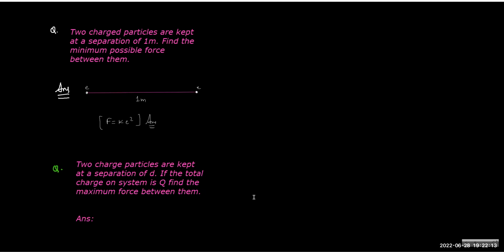If the total charge on the system is capital Q, find the maximum force between them. Find the maximum possible force. What you don't know is what is the charge on the first particle and what is the charge on the second particle. What you know is the total charge is Q. So what is the maximum force possible? I can give 1 minute to solve this question.